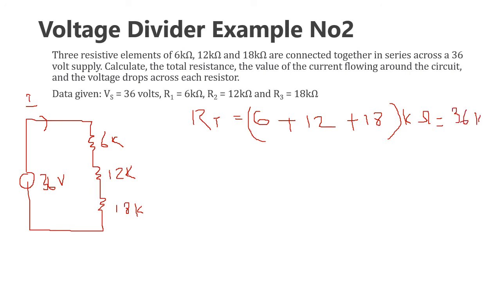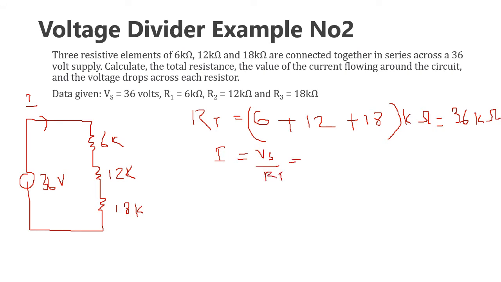Then the second question is the value of the current flowing around the circuit. So they are asking the value of I. I will be equal to Vs over RT.